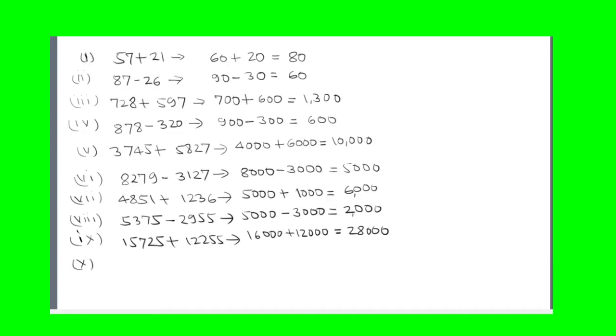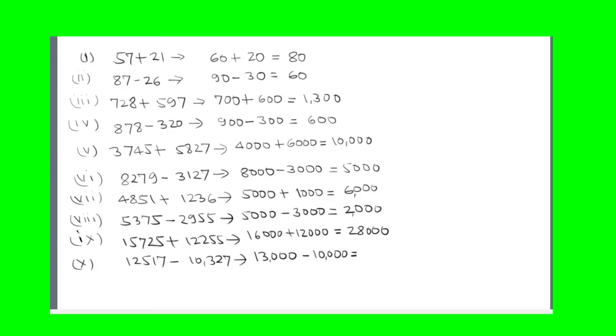Our 10th example is 12,517 minus 10,327. On rounding up to the nearest thousand, we get 12,517 becomes 13,000 minus 10,327 becomes 10,000.